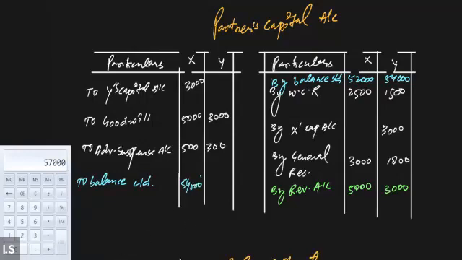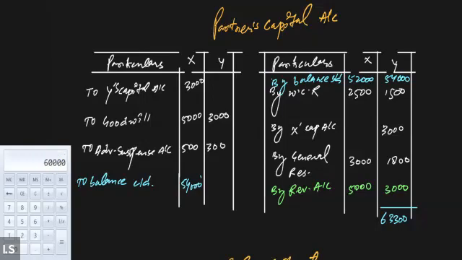Then for Y, it will be 54,000 plus 1,500 plus 3,000 plus 1,800 plus 3,000 minus 63,300 minus 3,000 minus 300.